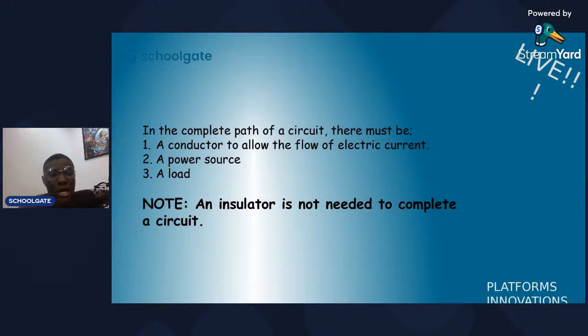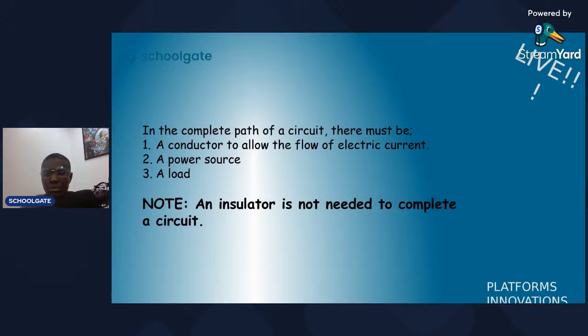That was why I had to tell you what conductors are before answering the question, because we can't understand what a circuit is without knowing what conductors are. I'm sure by now we know what conductors are, and we can identify a few examples around us.